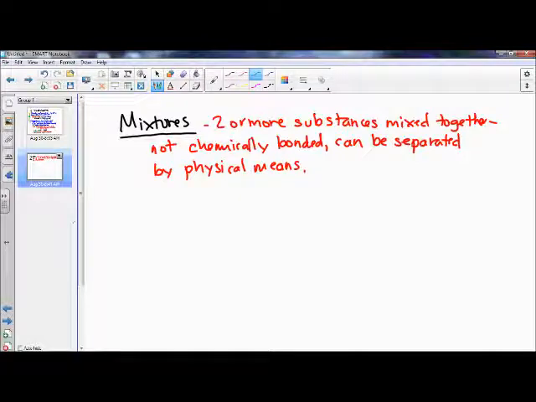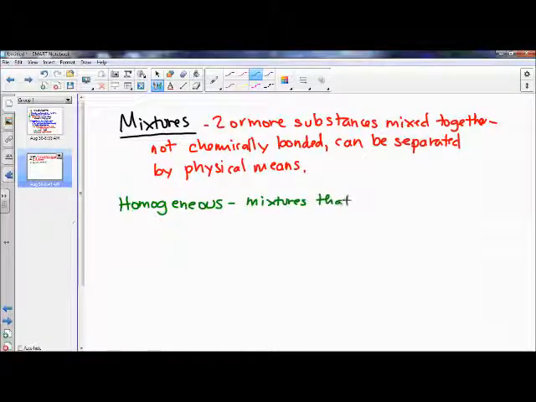Now, we put mixtures into two categories based on what they look like. The first category is called homogeneous. These are mixtures that look like pure substances. In other words, when you look at the mixture, it just looks like it's made up of one thing.